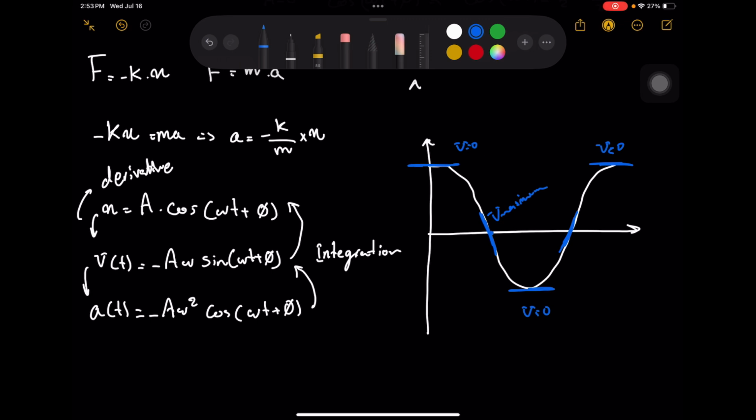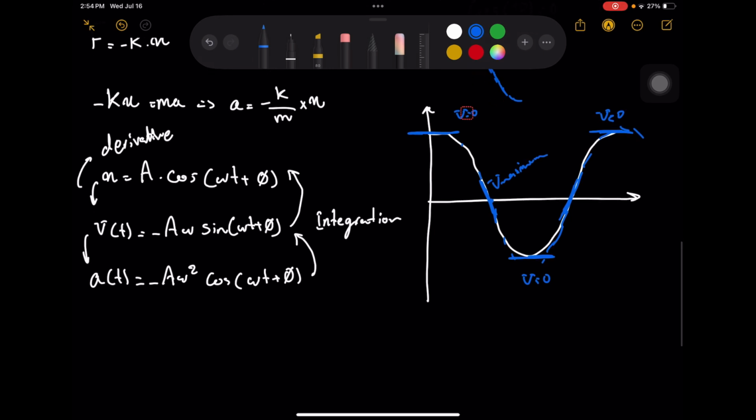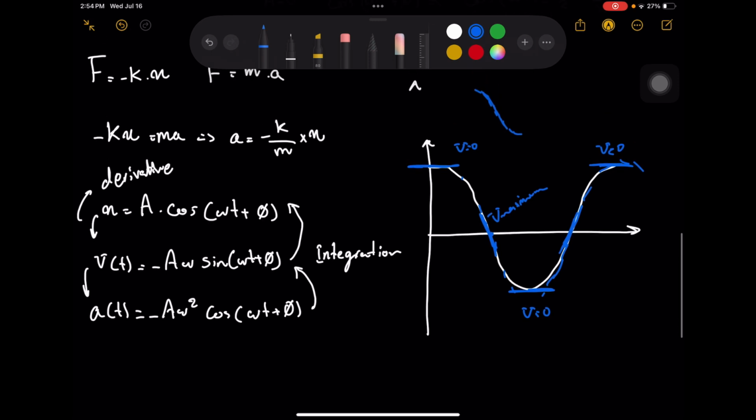Notice that our graph goes down like this, a straight line, and then it goes down. As we get to this point, it again goes up, and then it goes down. There's a phase difference between them. So I would draw them.